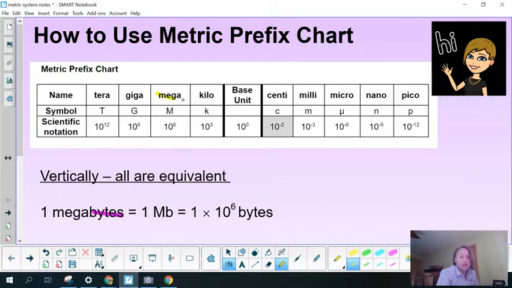Looking at our table, notice that mega here can be replaced with the letter symbol, that capital M. Also, we can replace that symbol with the scientific notation of times 10 to the positive 6. All 3 of those mean exactly the same thing. They're all 1 megabyte worth of information.